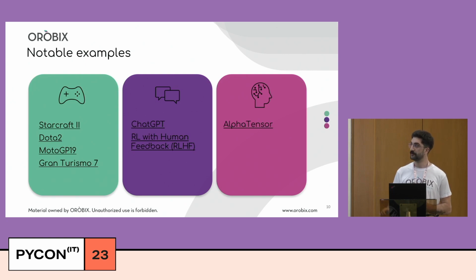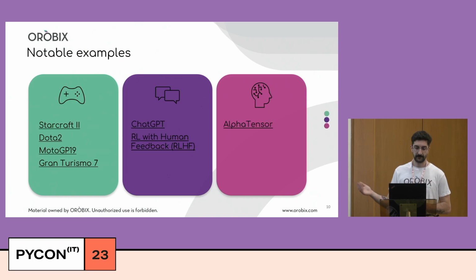We had also MotoGP 19, in which, at Orobix, we developed an intelligent agent to beat the lap time in a MotoGP track. And then last year we had Gran Turismo 7 with Sony researchers.